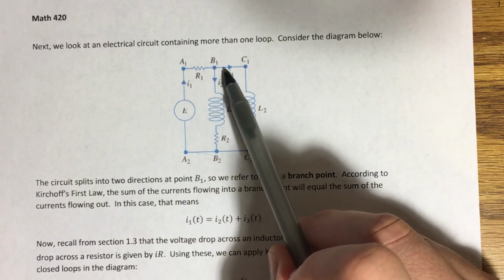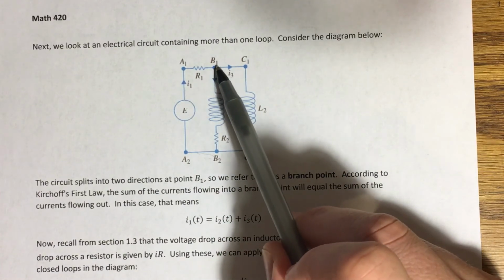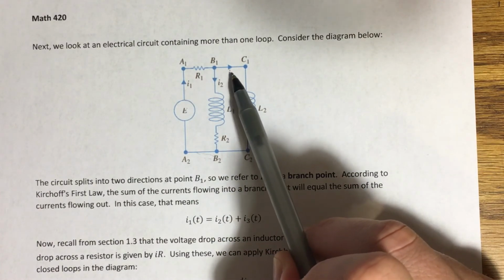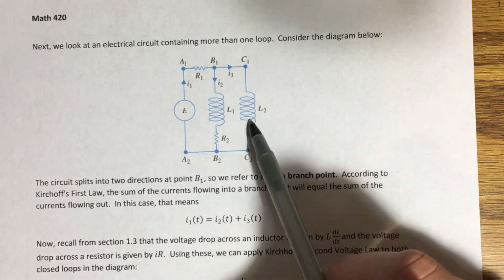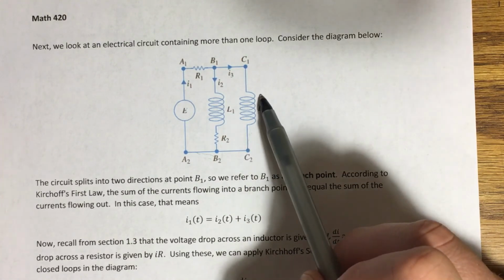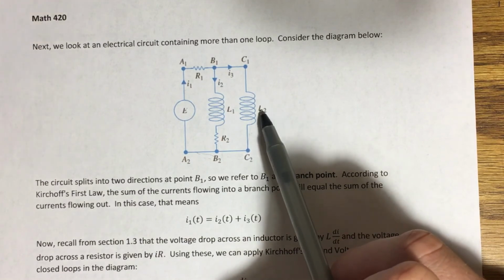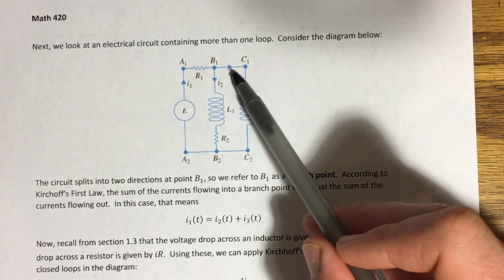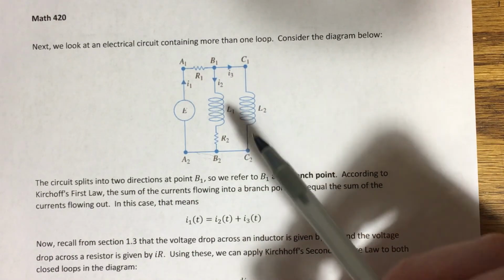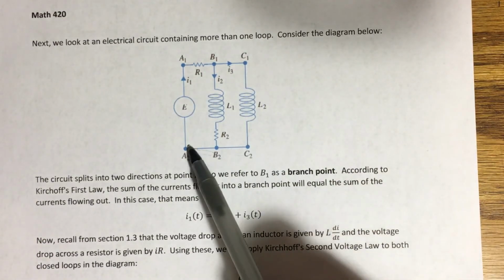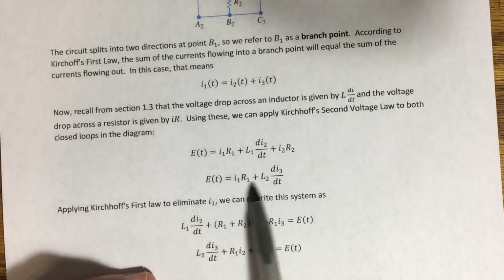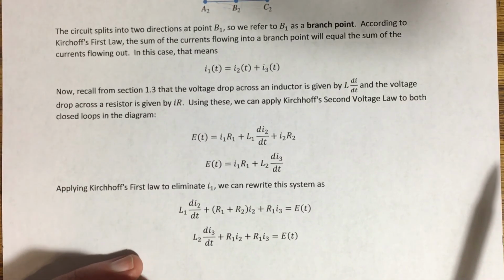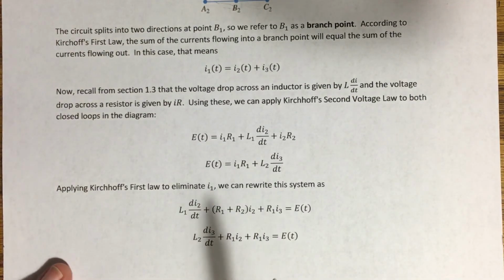After passing through our branch point, the current becomes I3, and it's going to pass through this inductor. So the voltage drop here is going to be L2, that's the inductance on this inductor, times di3/dt. And then that's the only other component in that circuit. So that's where this second equation in our system is coming from.